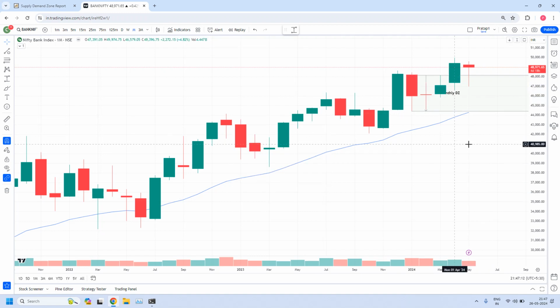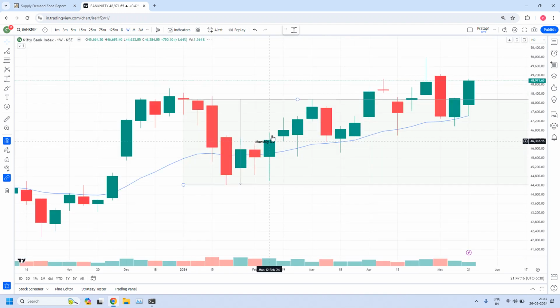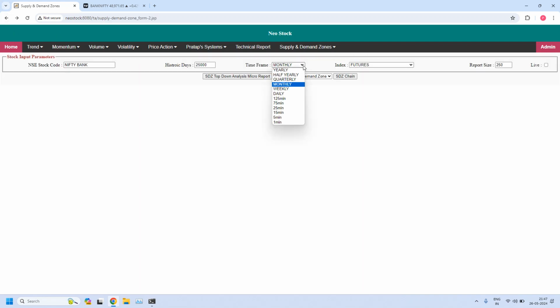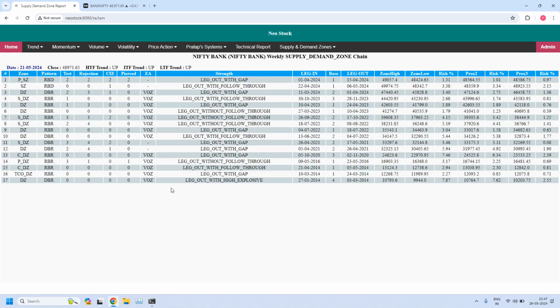Okay, now let's move on to the weekly time frame, and let us draw the weekly zones with the help of the NeoStock supply demand zone chain. I am changing the time frame to weekly and generating the weekly supply demand zone chain. Okay, now the weekly zone is generated.